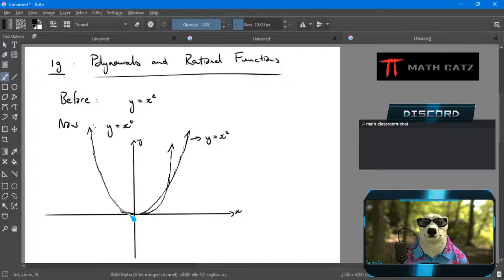So it starts out a little lower, and then it overtakes it. More of a U shape. Let's do it over here. y equals x to the 4. But it's a very similar shape. So we can have basic functions more than just y equals x squared. We can also do y equals x to the 4 and look at transformations on that.